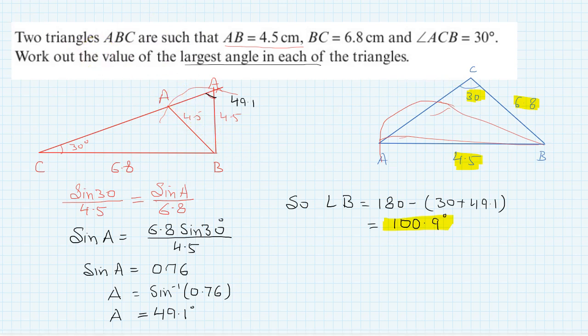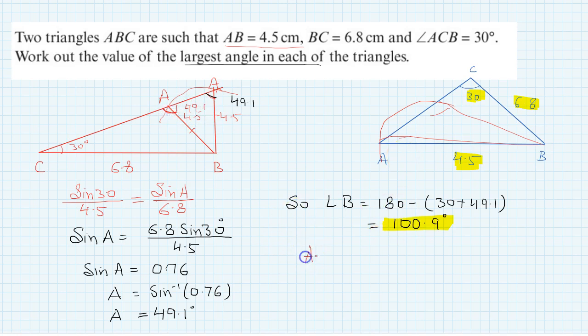Now we have to calculate another angle. This is from one triangle. Now another triangle, what is the largest angle? Now we have to find this. This is 49.1. These are the same. So this is 49.1.